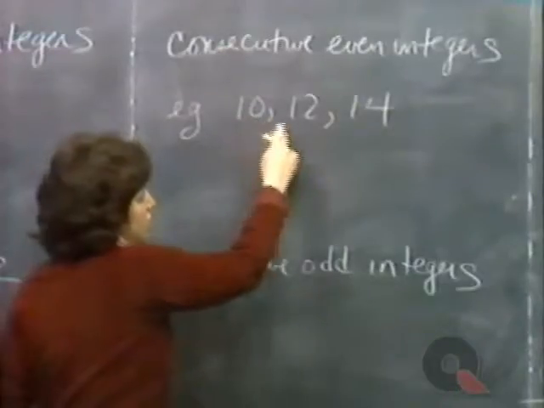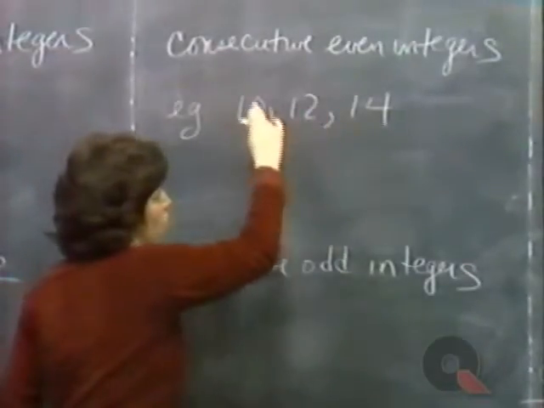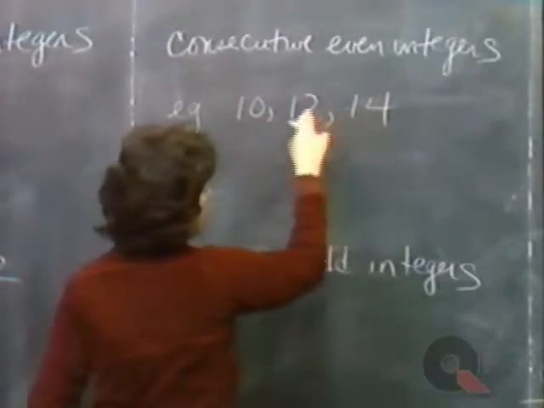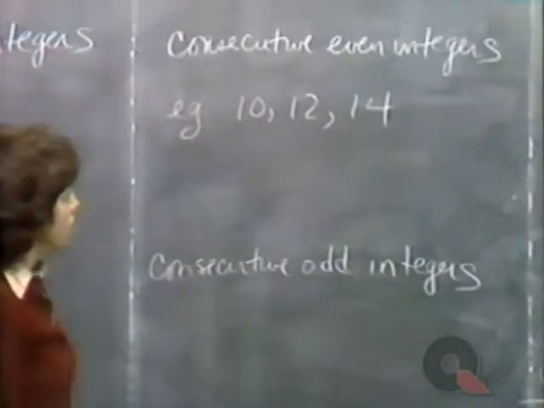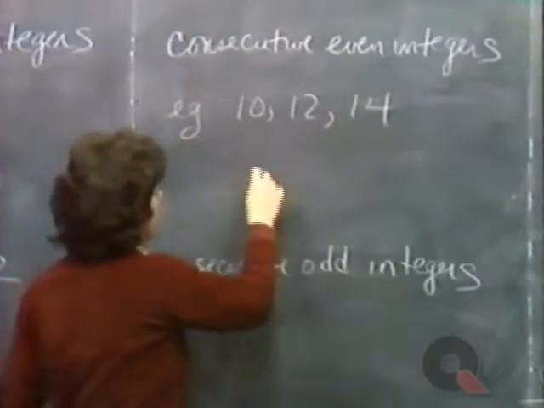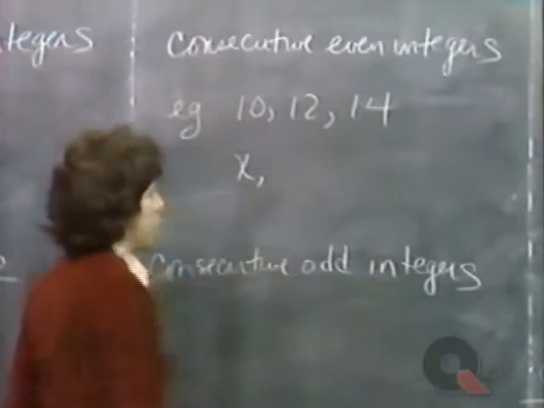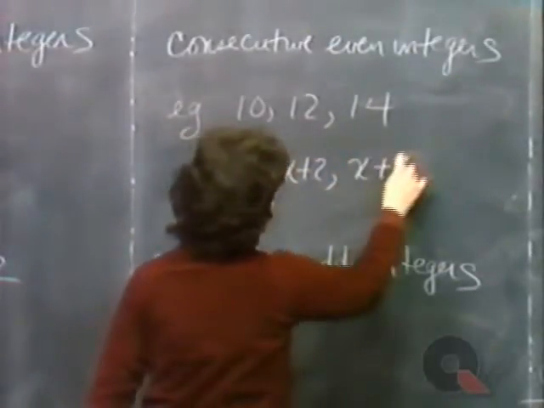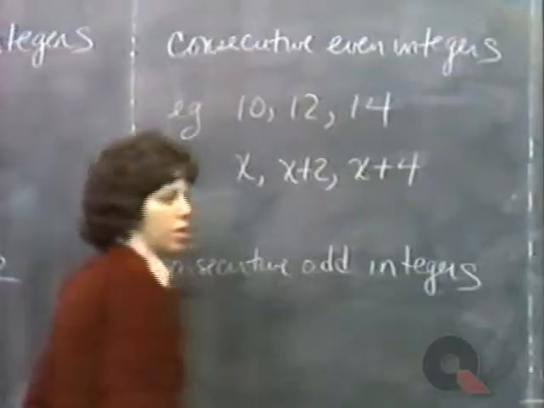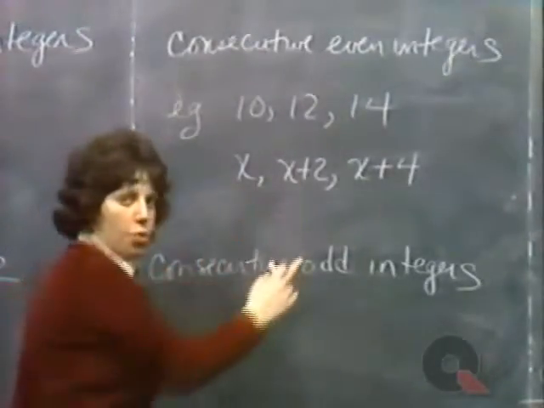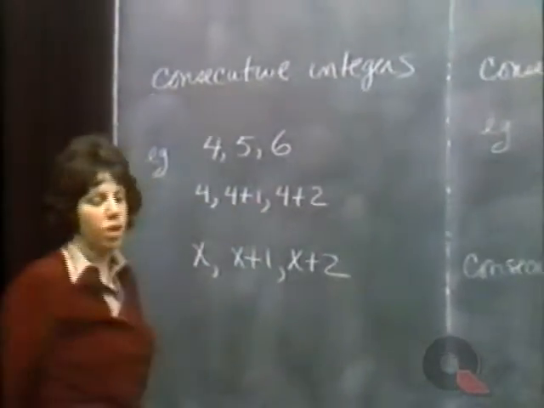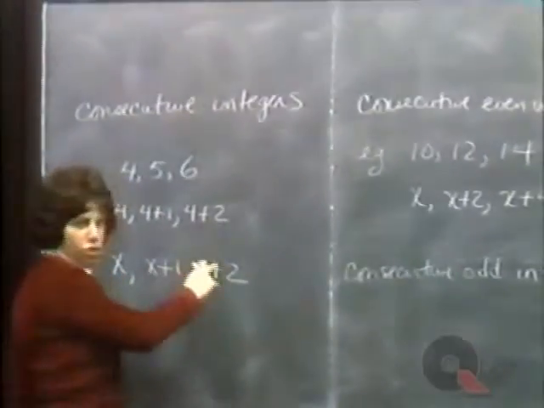Now notice that there's an increase of 2 as you move from one even integer to the one right after it. 12 minus 10 is 2. 14 minus 12, that's 2. If you were to specify the first even integer in your sequence by x, the one after it would be x plus 2, and the one after that, x plus 4, to indicate that they're going up by 2, whereas the consecutive integers were going up by 1: 4, 4 plus 1, 4 plus 2, or x, x plus 1, x plus 2.